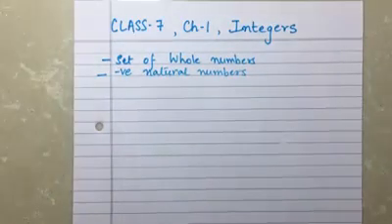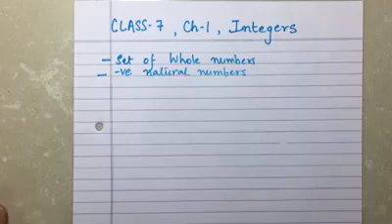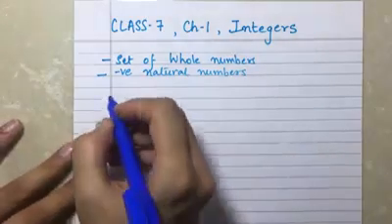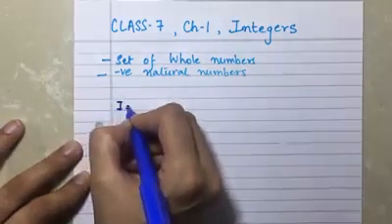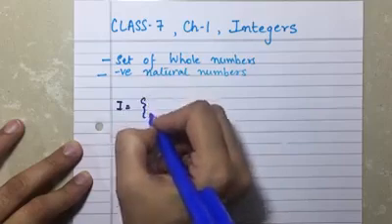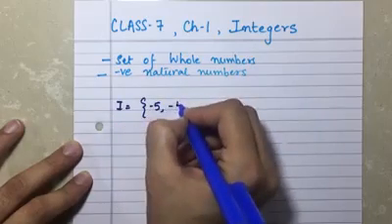We all know that whole numbers are numbers which start from 0, the positive numbers 0, 1, 2, 3, 4, 5 and so on. And we are going to study the next part of numbers, which is negative numbers. We can also represent that integers are a group of numbers where we have negative numbers.